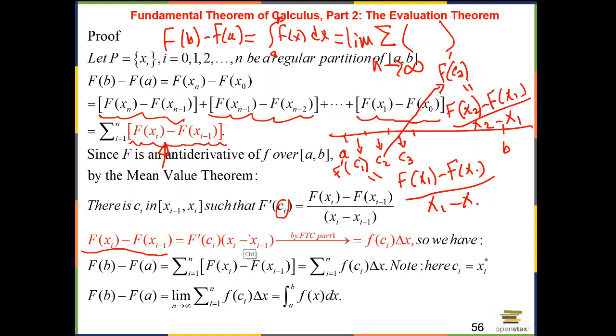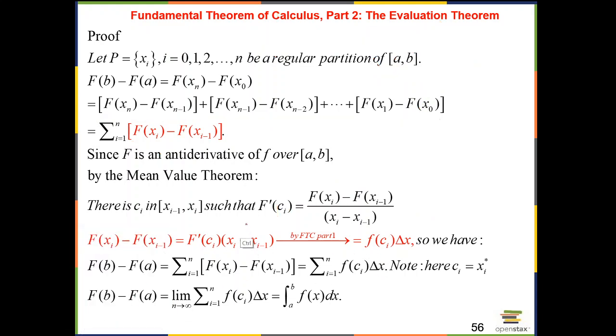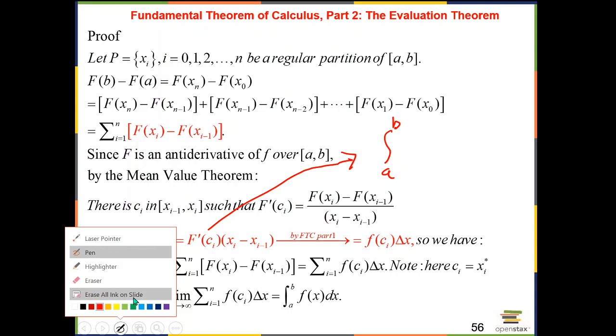But by the fundamental theorem of calculus part 1, we already know that this is f of ci, right? So let me explain that part. So this right here, if you think of the integral from a to b, let me erase this.